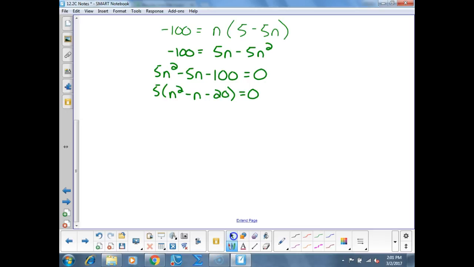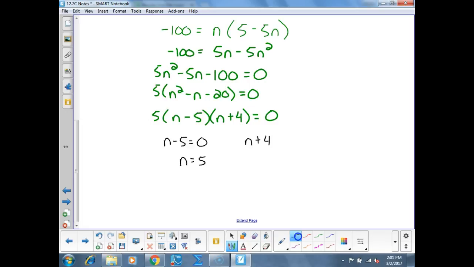Two numbers that multiply together to be negative 20 and add together to be negative 1 are negative 5 and positive 4. Then I set those equal to 0. So n could be 5 or n could be negative 4.